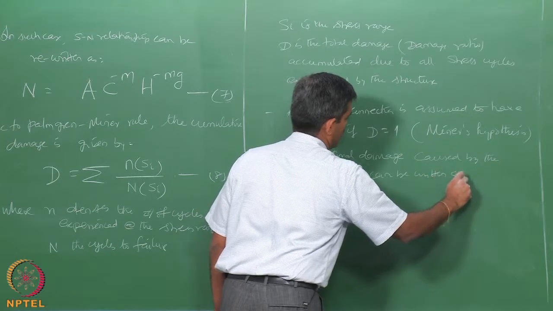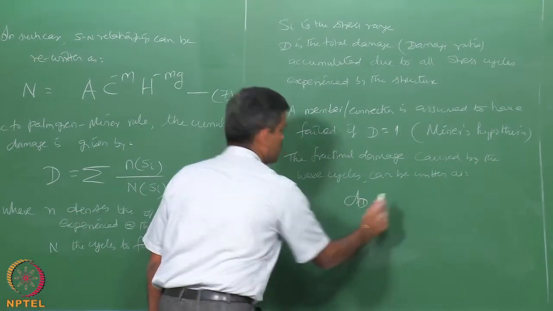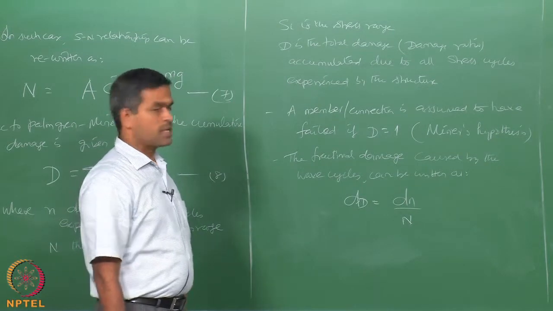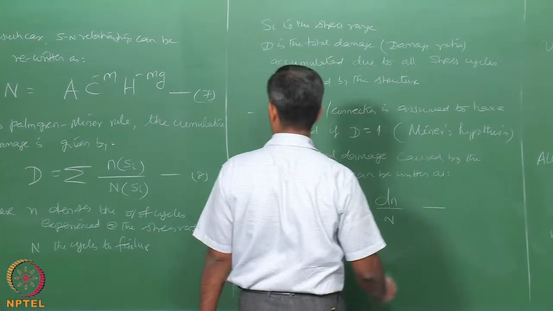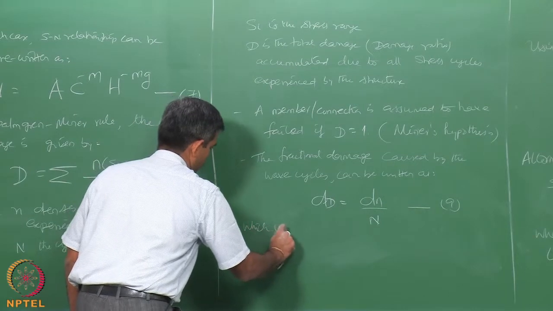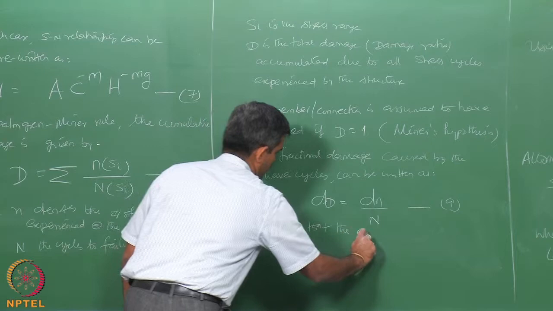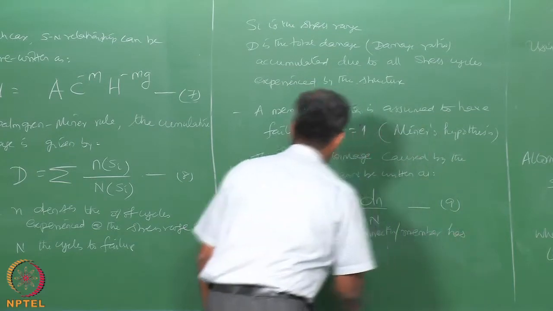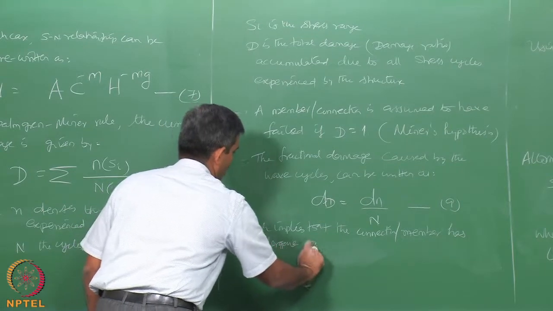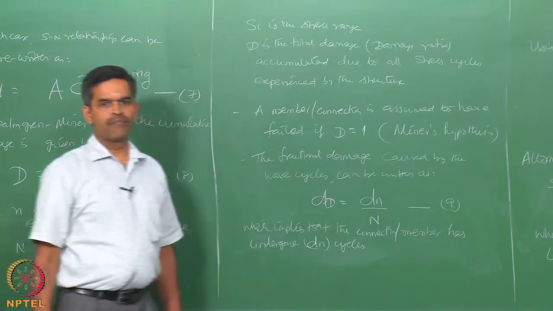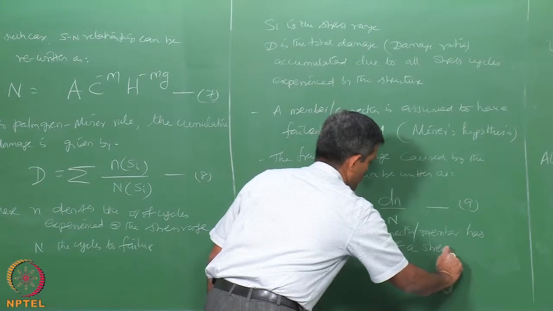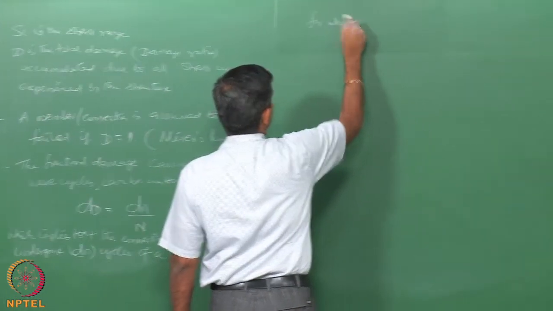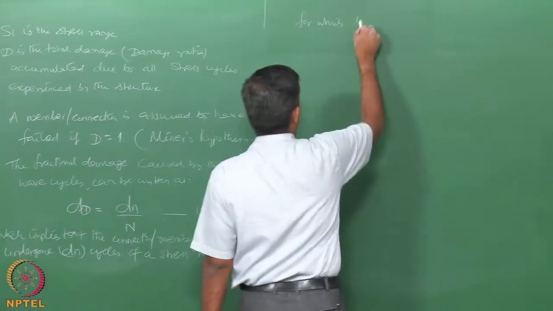can be written as: the fractional damage is dD, which is dn by N, which implies that the connection or the member has undergone dn cycles of a stress range for which the failure occurs at N cycles.